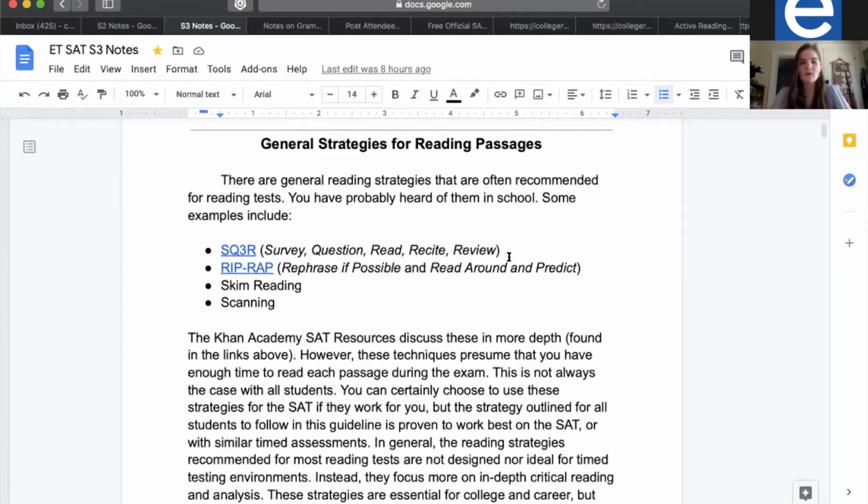They're very general reading strategies that are recommended for reading tests, in terms of comprehension and understanding text complexity, which are all elements you should be a little bit familiar with, at least from your reading for the last few weeks about the reading test.